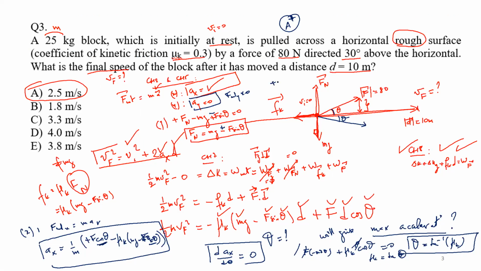You will have plus Fn, because Fn is up, mg is down, so minus mg, and Fy is positive, plus Fy, but Fy is just F sine theta. And this is equal to may, basically equal to 0. So that means Fn will be mg minus F sine theta. Oh, yeah. I get it.